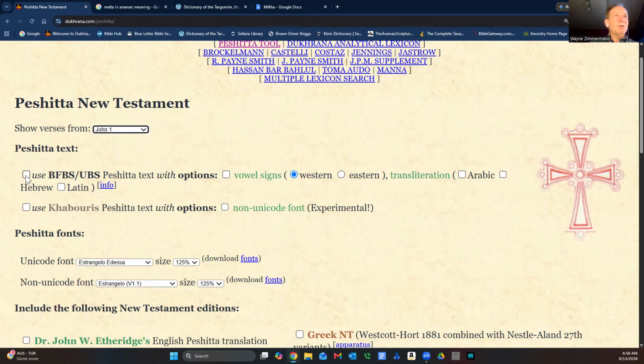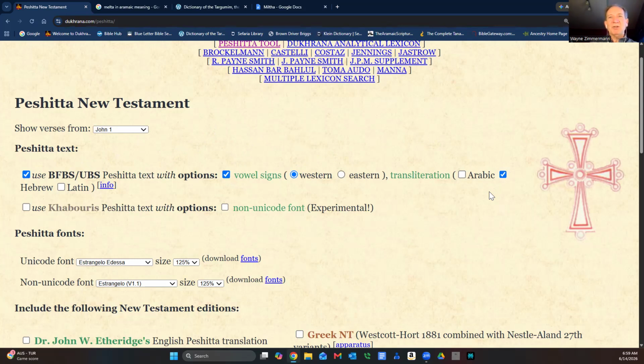So what I do is I click this first box to use the United Bible Society Peshitta text with options. I want to include the vowel signs. The Western vowel pointings are much easier for us as we get into this to understand. They're easier to recognize and to learn. Good place to learn is with the Western vowel pointings, and then later on go to the Eastern.